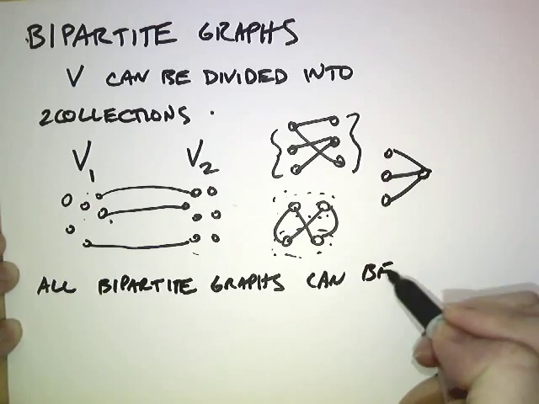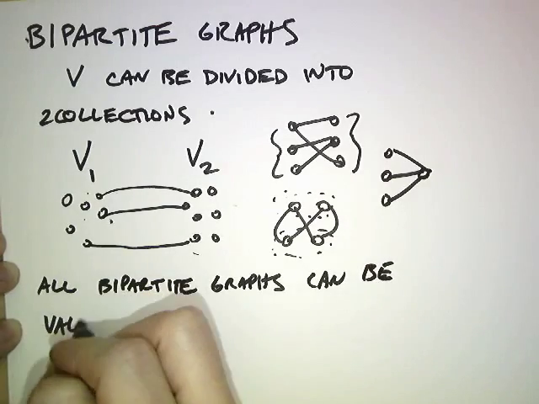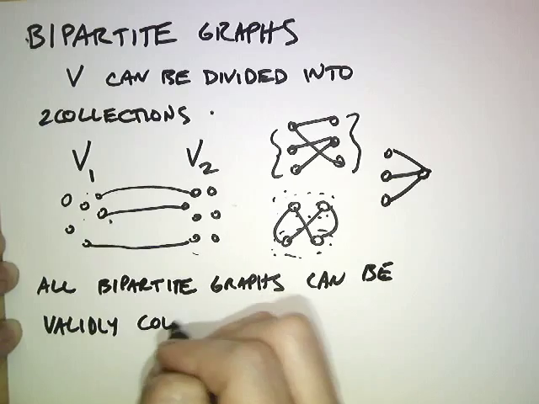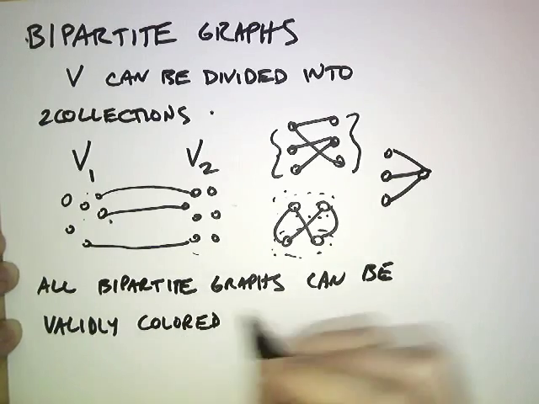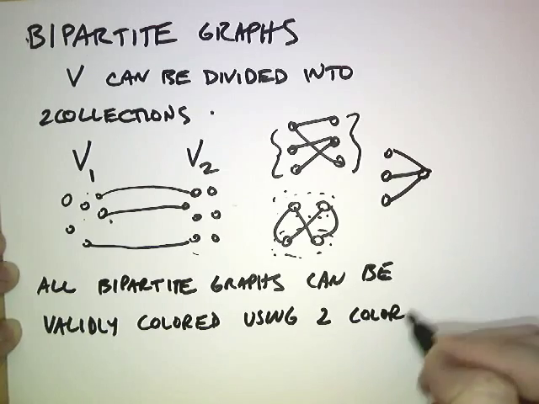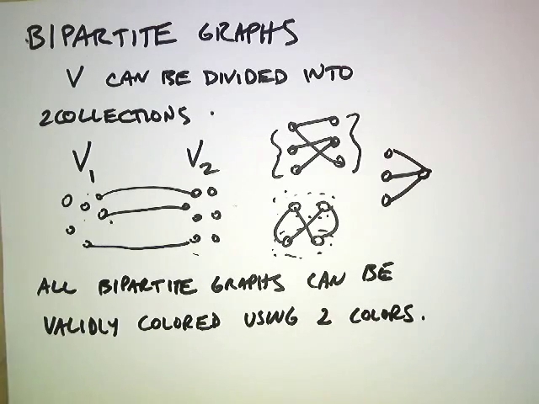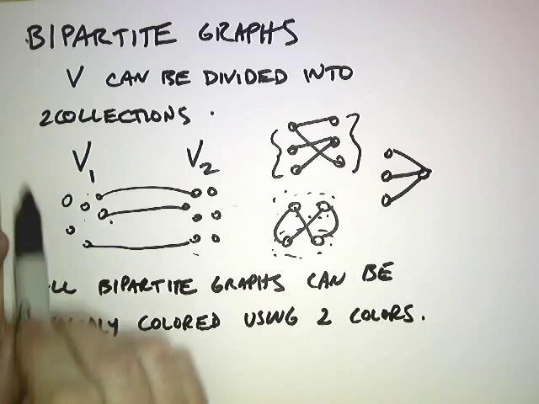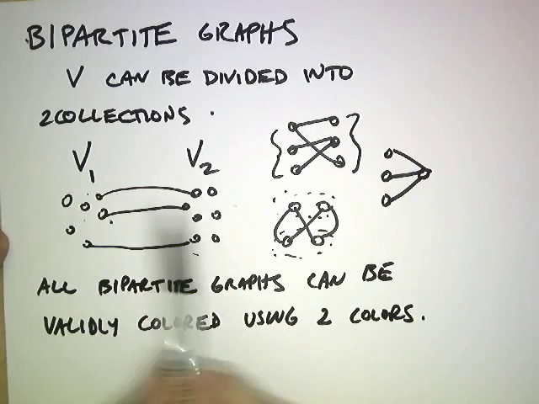it's easy to see that all bipartite graphs can be validly colored using two colors. Why is it easy to see? Well, for any bipartite graph, you can divide its vertices into two groups, group 1 and group 2.